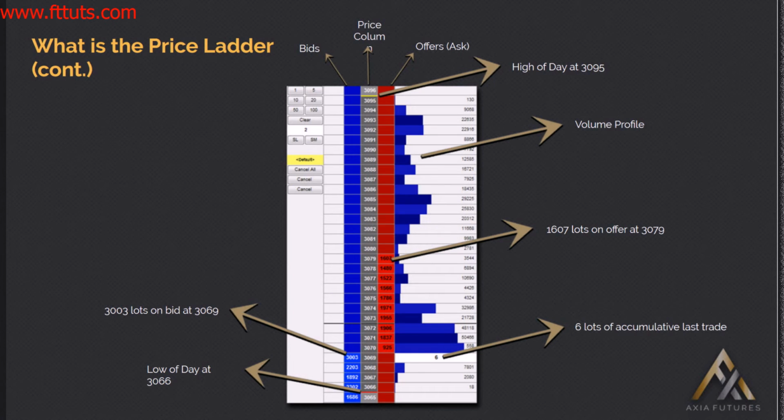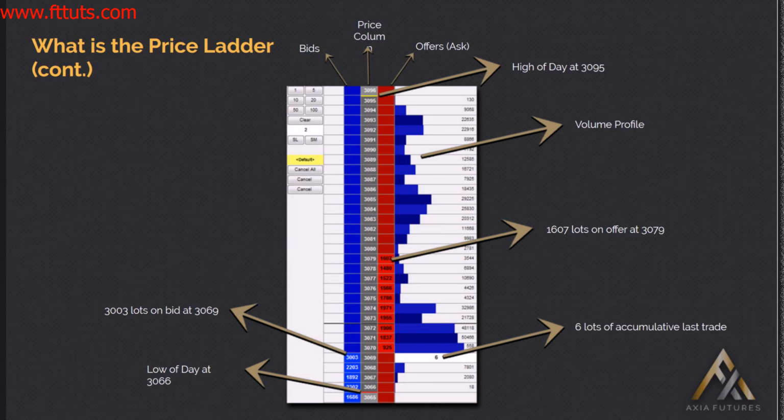Unless you have level 3 data, this is 2 levels of data, and you don't quite know what that 1,607 lots is comprised of. But at 3079, we have 1,607 lots, and that dynamically changes every split second, every second, and so forth. And that's on the offer, because this is the red side.